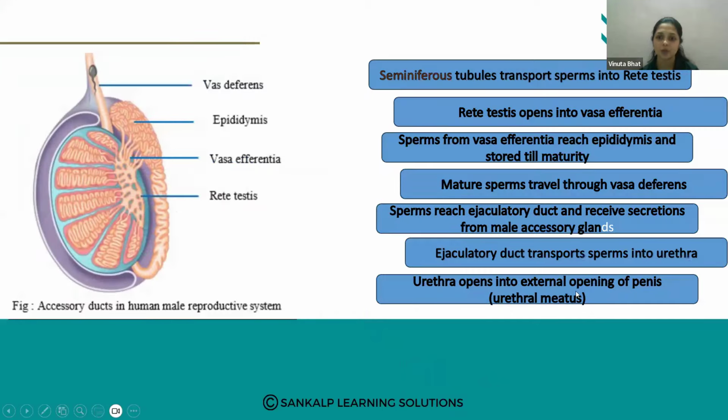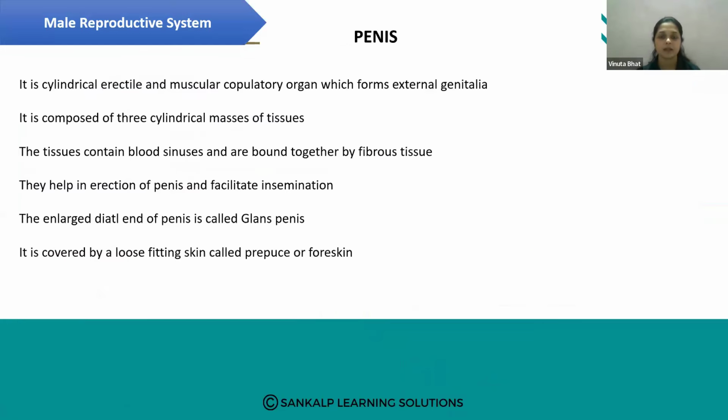So the urethra opens into the external opening of the penis, that is the urethral meatus. So this is how the sperms move from the seminiferous tubules to the male external genitalia. So then the penis. What is the penis? It is a cylindrical, erectile and muscular copulatory organ which forms the external genitalia.